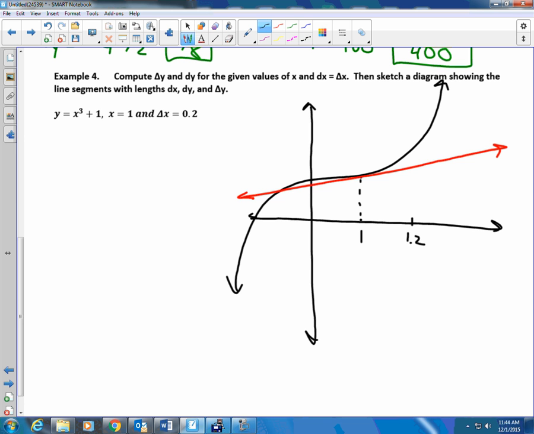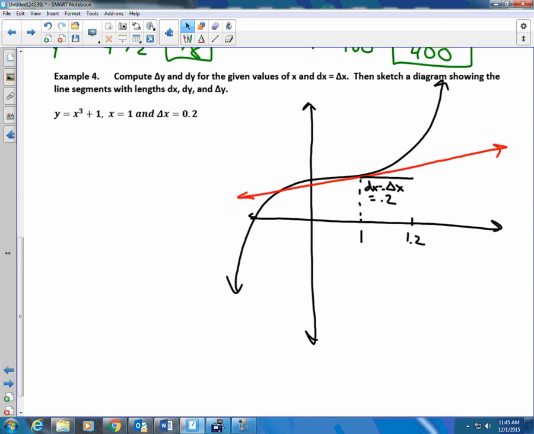I'm fully aware that that's not to scale, but I'm just trying to make the drawing so that we can see it. So this is dx is delta x, which is 0.2. If delta x is 0.2, then I have to go 0.2 units over from 1. And 1 plus 0.2 is 1.2.